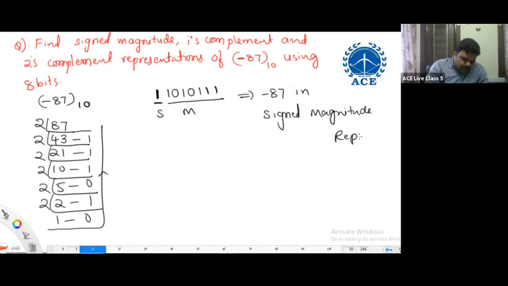Now we need the one's complement and two's complement representations of minus 87.